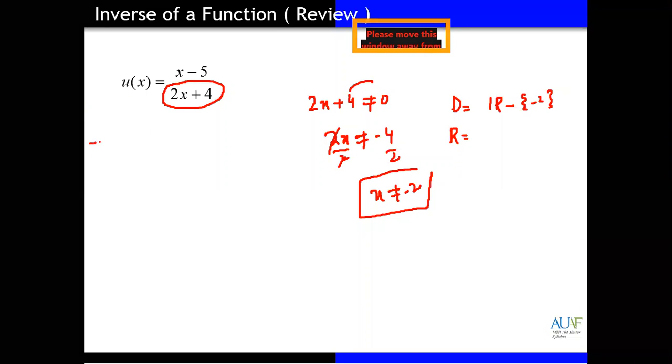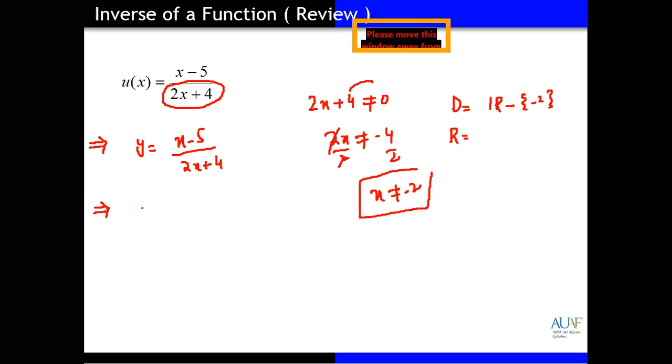There are three steps for finding the inverse function. Step number one, you can replace the main function f of x with y, like y is equal to x minus 5 divided by 2x plus 4. Second step, interchanging the values x and y.